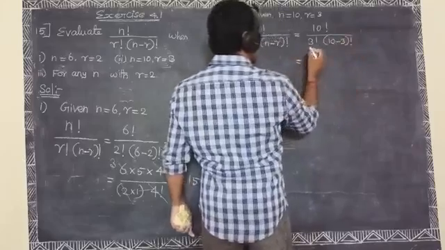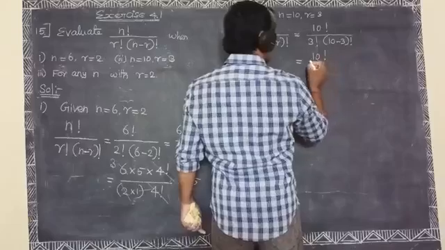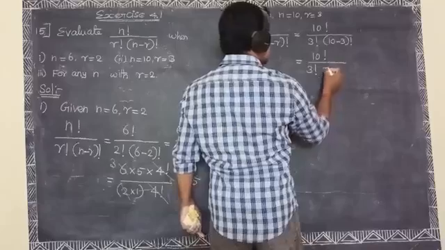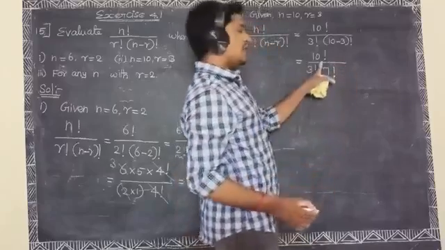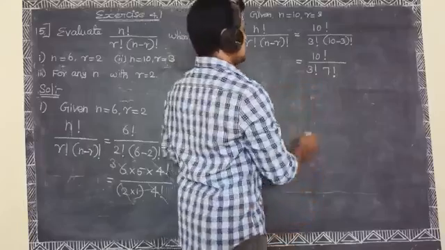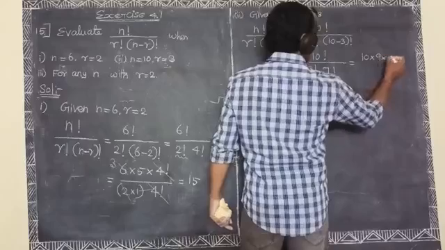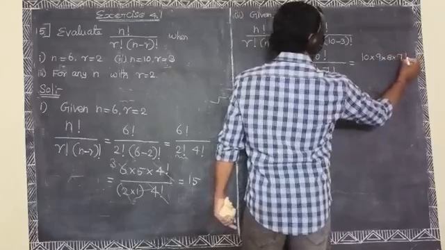Then the denominator is 3 factorial into 10 minus 3 means 7 factorial. Then the numerator we can change to 10 into 9 into 8 into 7 factorial.